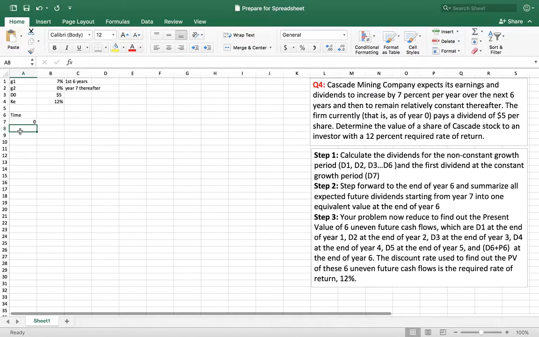I therefore formulate the value in cell A8 as the value from the previous cell, that is, cell A7 plus 1. This formula applies to all the time periods, so I can simply copy down the formula to fill out the time periods. I can easily do so by dragging down my cursor.